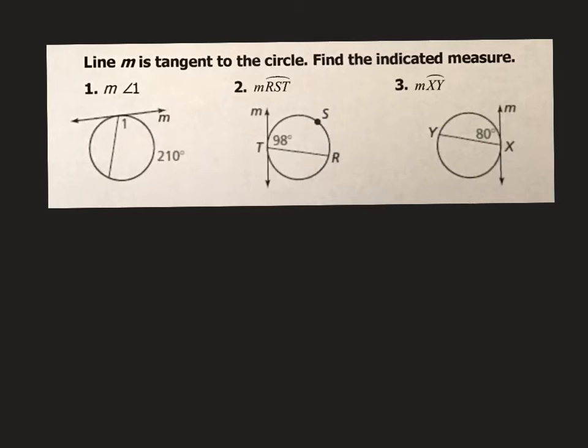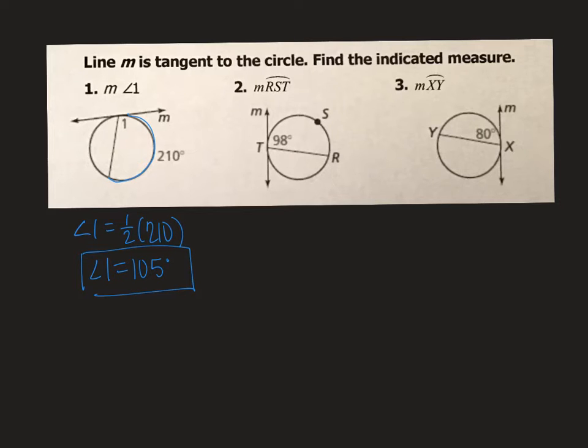So in these first three, line M is tangent to the circle and we're just finding each indicated measure. In number 1, we want to solve for angle 1. So we know that this arc here is 210. So angle 1 is going to be half of that, or 105 degrees.